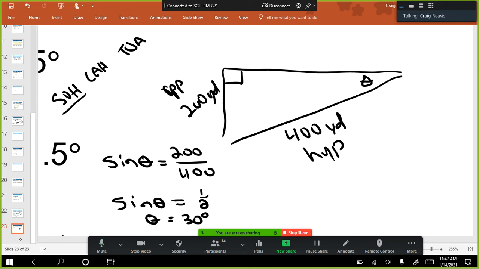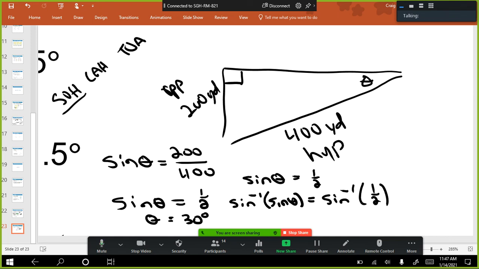So if you want to find the measurement of the angle, what's actually happening is if I take the inverse sine of both sides, the inverse of sine leaves me theta, and then that will give me the measurement there.